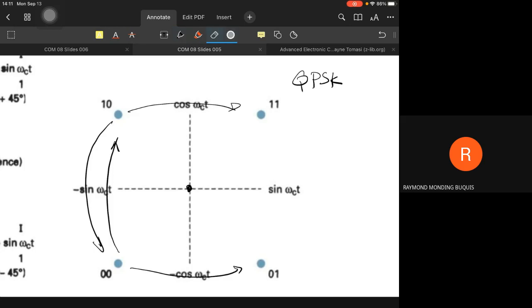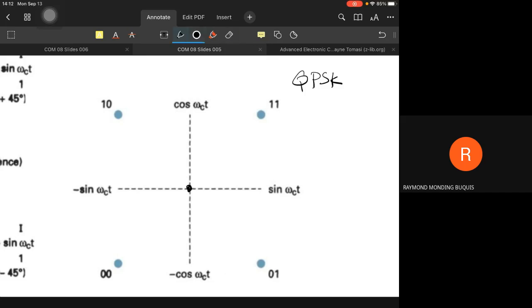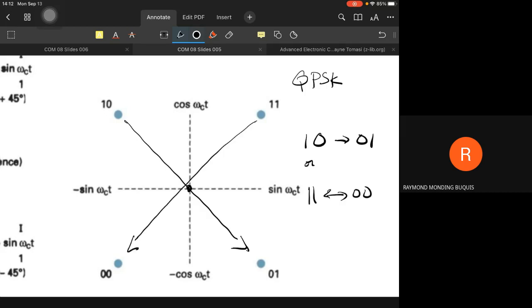Let's say for example, a transition from 10 to 01, or 11 to 00, this one to that one, or vice versa. So these types of transitions.